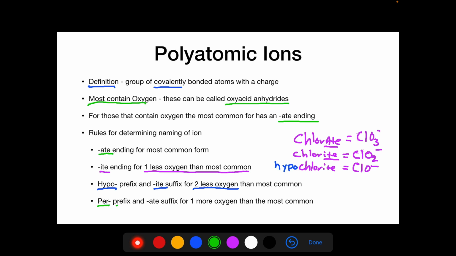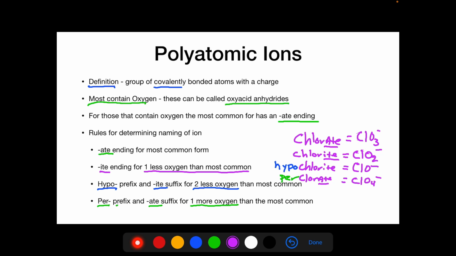And then if we have the per prefix and the ATE ending or suffix, then I have one more oxygen than the most common. So we can also have perchlorate, and that's going to have one more than the ATE ending, or it'll be ClO4 minus.